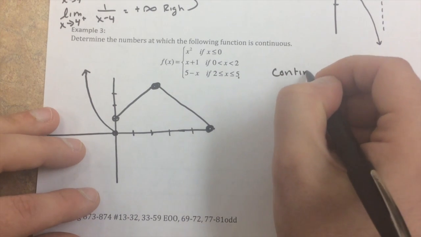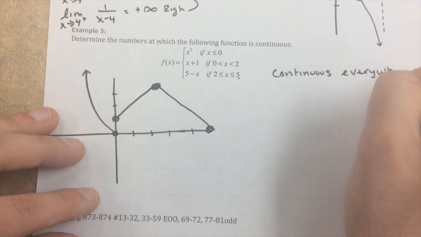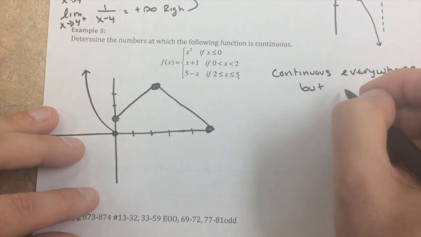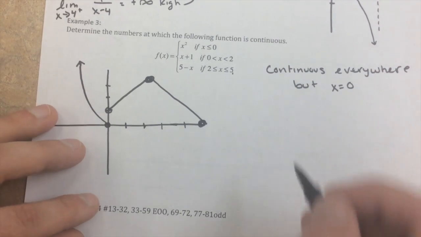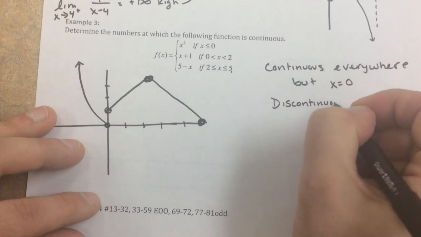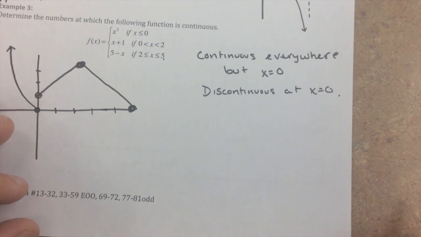Looking at the graph, it's continuous everywhere but x equals 0. Or it's discontinuous at x equals 0. Now, why is that?